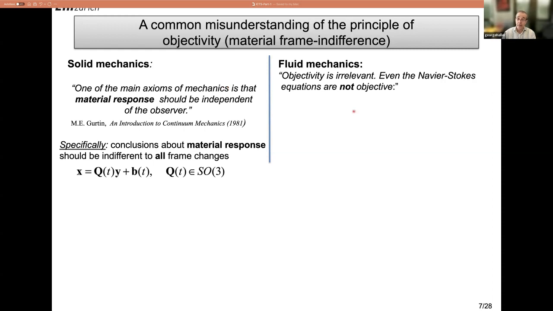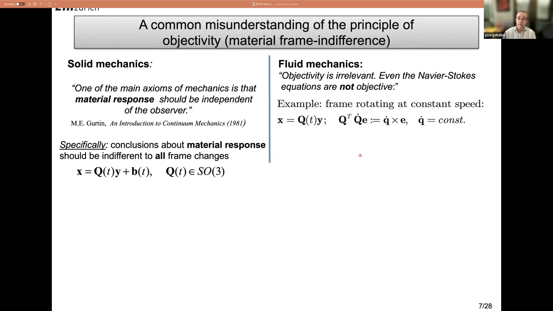Because think about it, if you change to a rotating frame, and I'm not even doing translation, it's just changing the frame from x to y with time-dependent rotation, you can define the vorticity of the frame change as the vector such that if you take its cross product with any unit vector, it's the same as applying that. Remember that Q transpose Q dot extra term? If you apply that tensor to A, it's like a rotation.